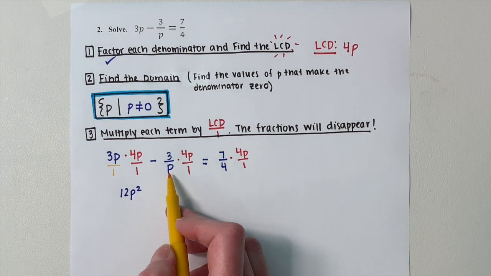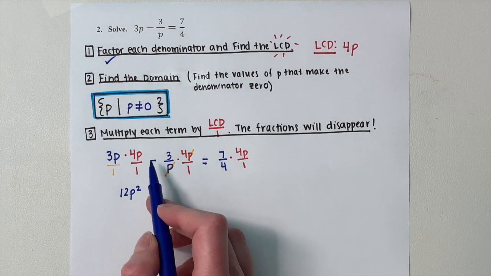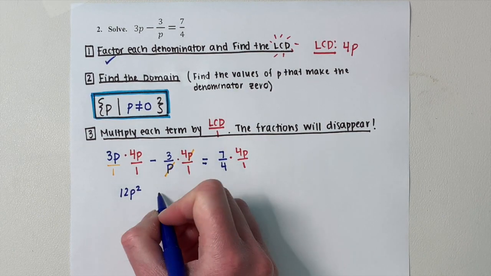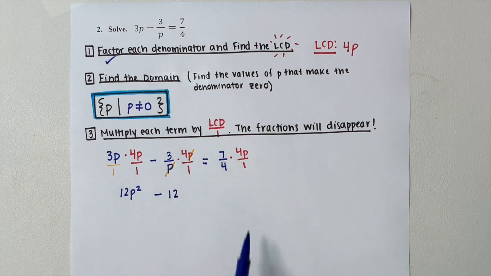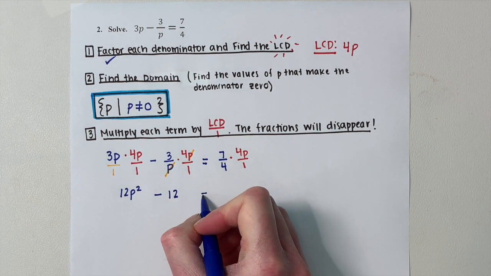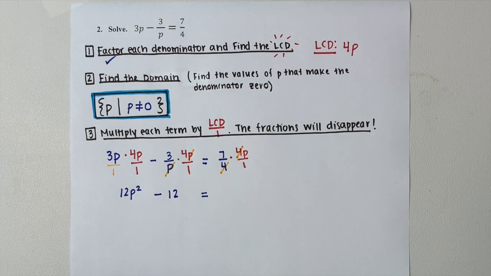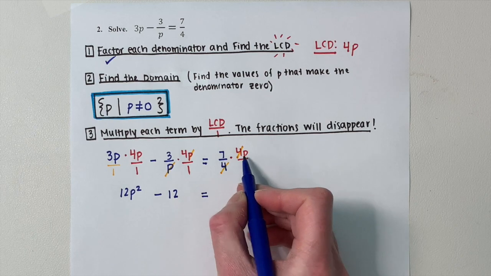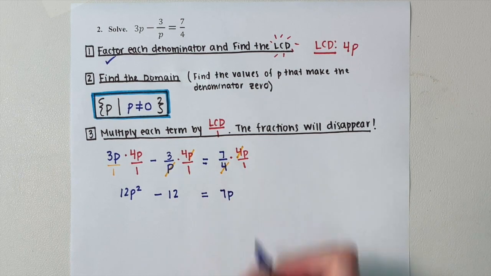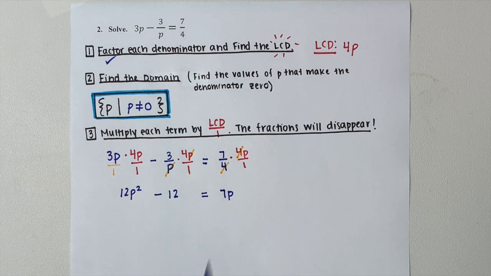Here we have a p in the denominator and a p in the numerator, so we can cancel those p's, and that will leave us with negative 3 times 4 to give us negative 12 in the numerator, and just 1 in the denominator, so we don't have to write it. Then we'll bring down the equal sign, and here we have a 4 in the denominator and a 4 in the numerator, so we can cancel, and that leaves us with 7p over 1, which we can just write as 7p. After multiplying each term by the LCD over 1, we've gotten rid of our fractions.